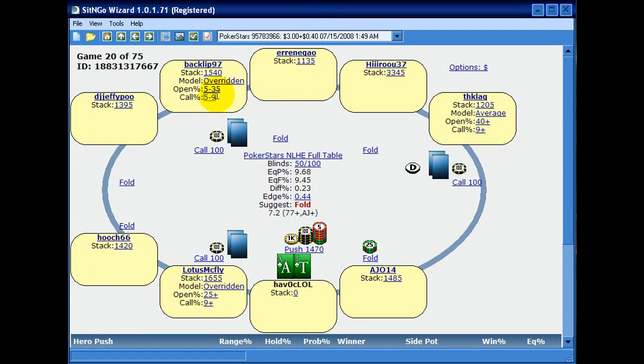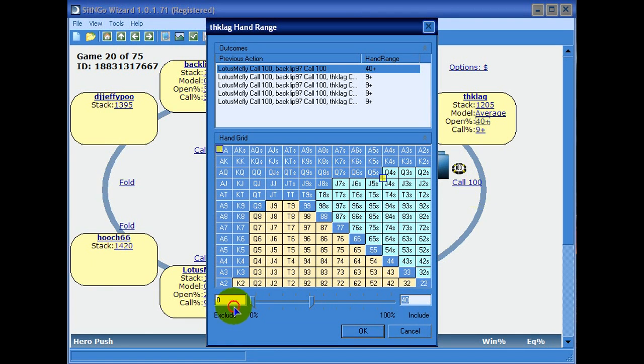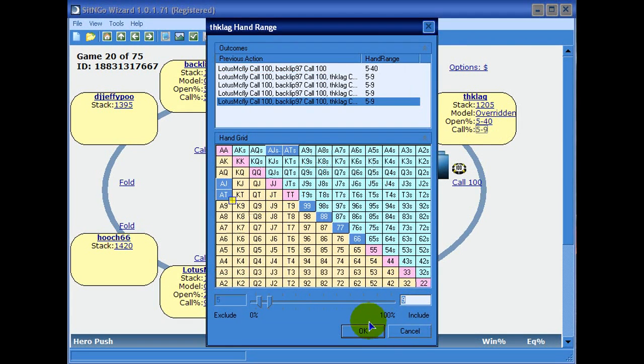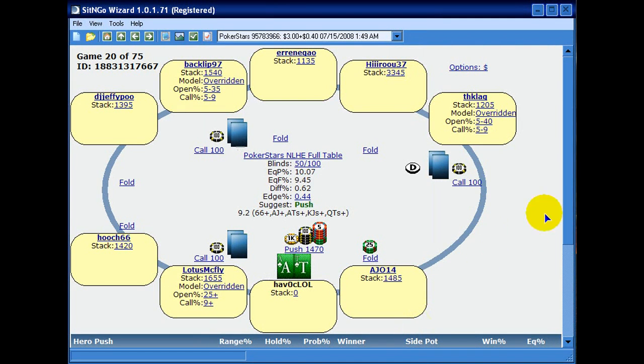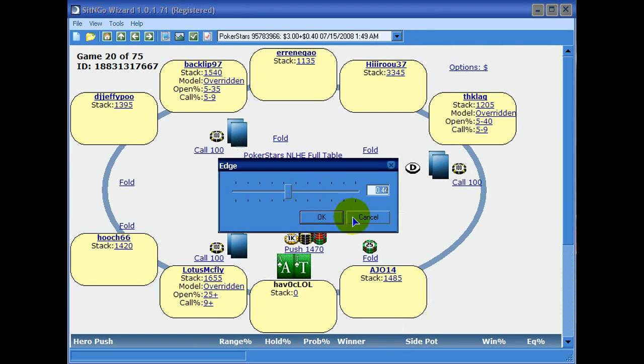So yep, same as this guy, 5 to 40, and calling us with 5 to 9. So once we play around with it a bit and we decrease our edge a bit, whatever, even at the standard edge we can see that it's a very plus dollar EV push.